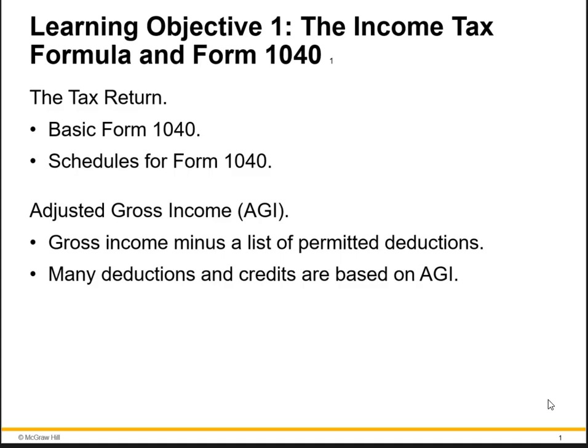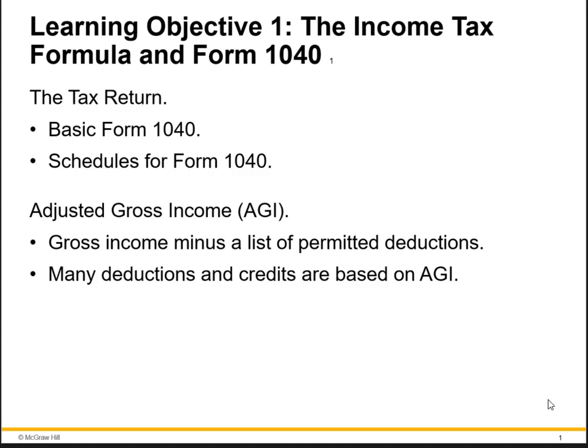So we're going to take a look at the 1040, the schedules, what goes on those, and the concept of adjusted gross income. The reason why we're going to have this calculation of adjusted gross income is that it includes some deductions, some permitted deductions, but not all of them.